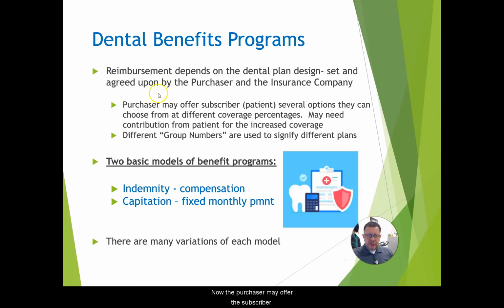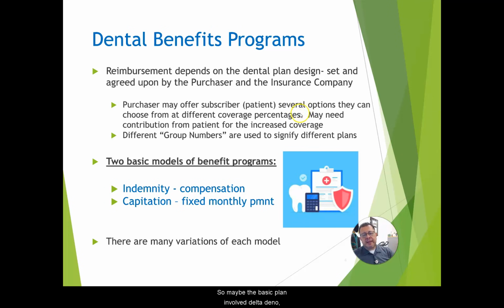Now, the purchaser may offer the subscriber, okay? So let me say it differently. The employer may offer our patient or the new employee several options they can choose from at different coverage percentages. So that's what I was saying, that you can add on things.